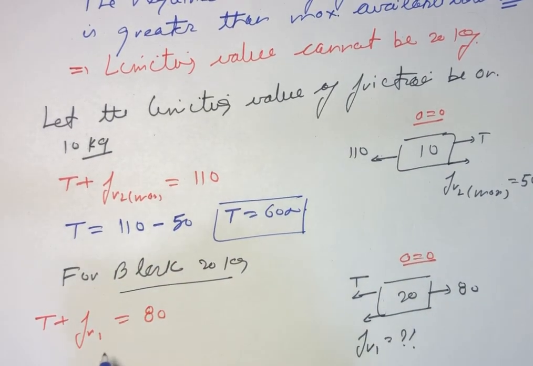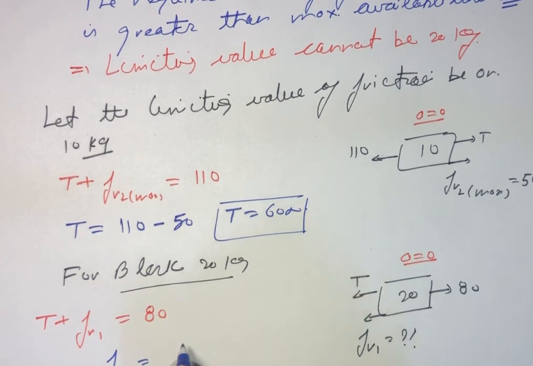So we can say that our FR1 is equal to 80 minus 60.